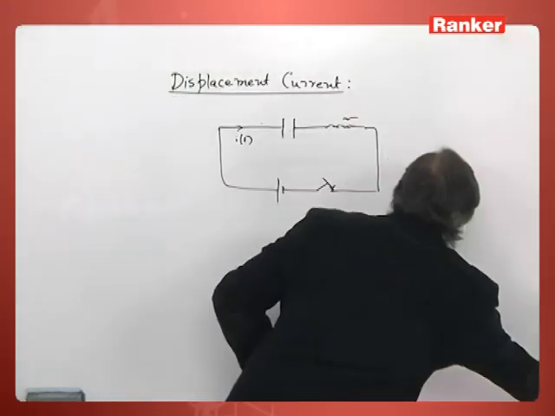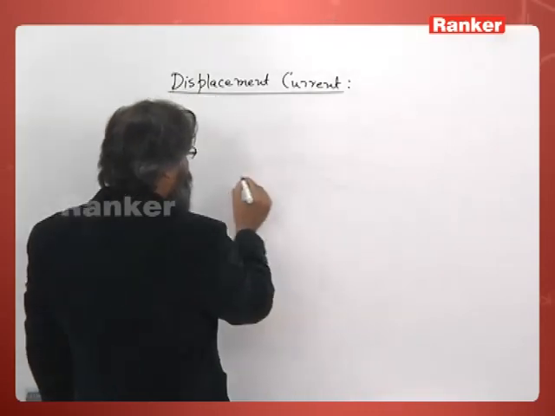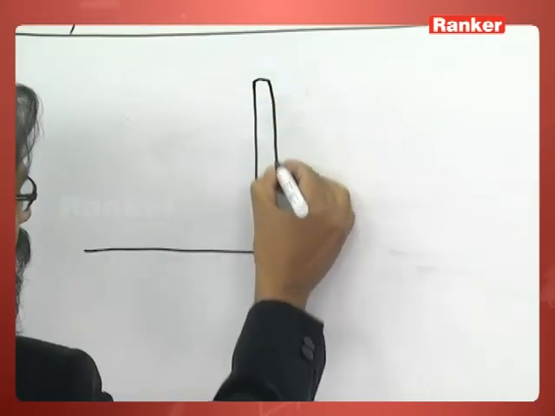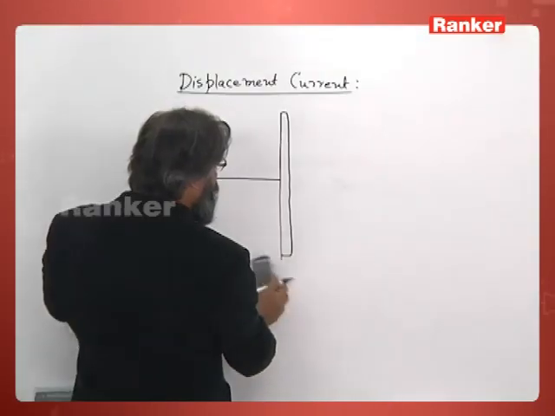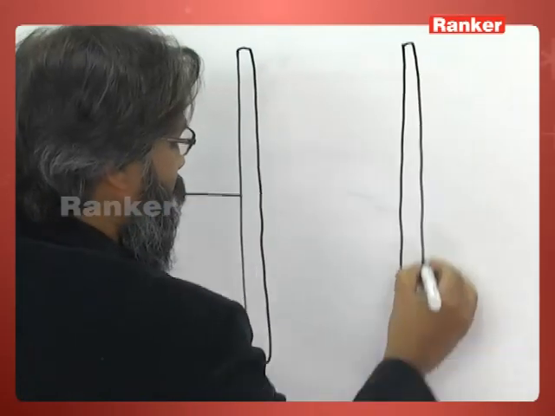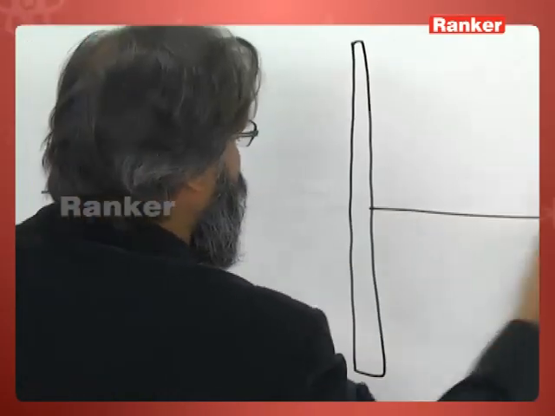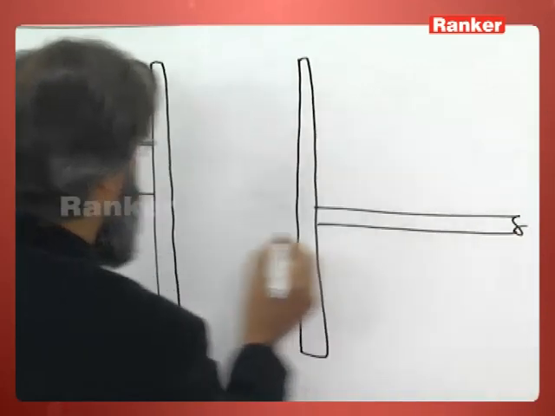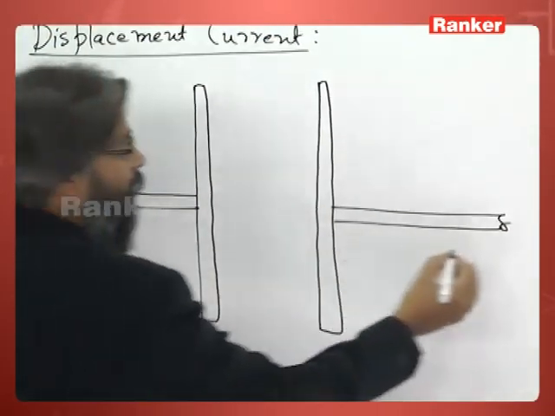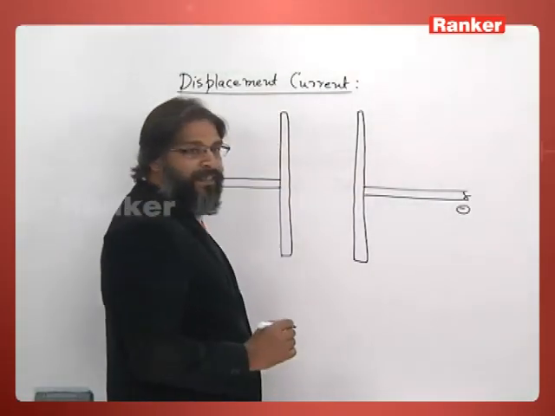So let us see that suppose this is my capacitor. This is my capacitor plates. So this is the positive terminal of the capacitor plates and this is the negative terminal.